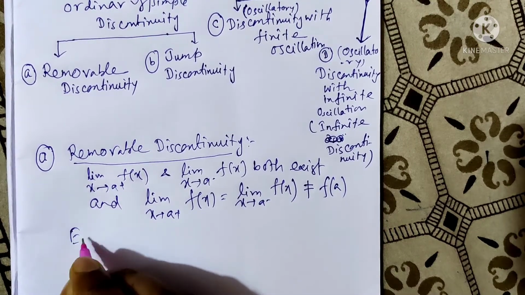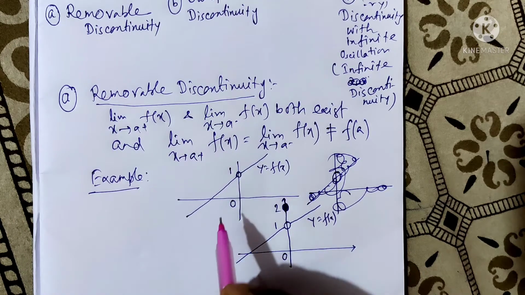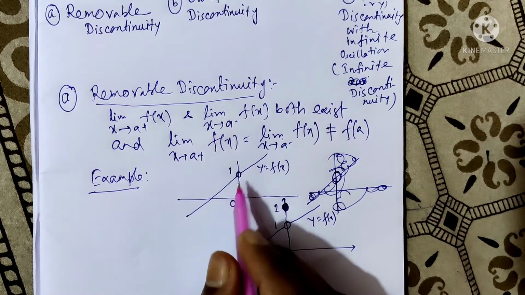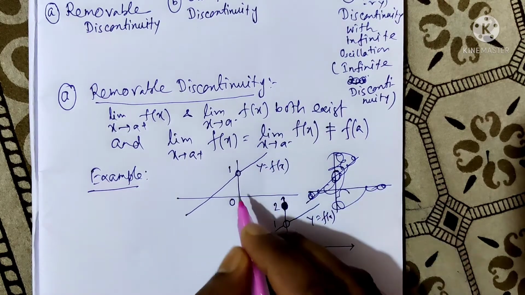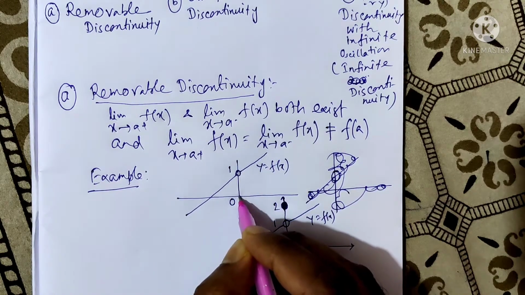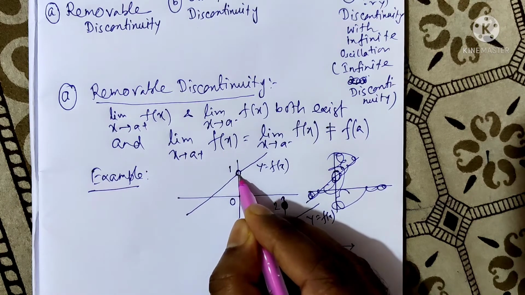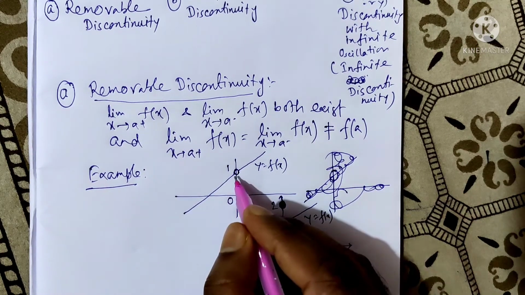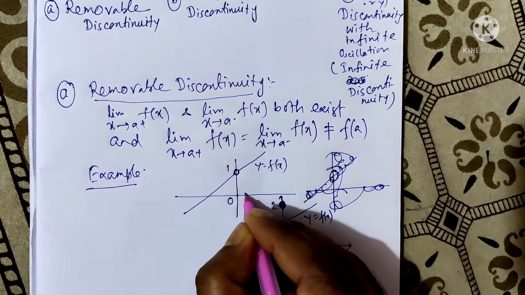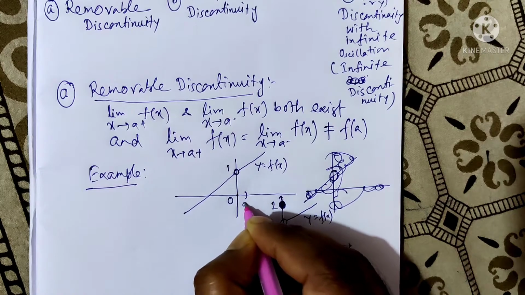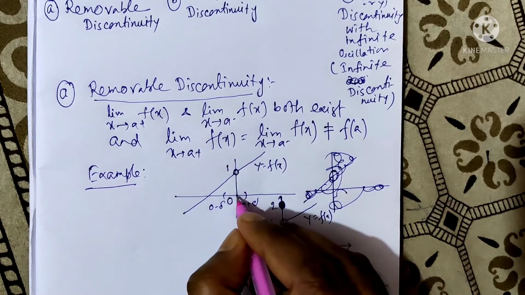Example: let the pictures be this and this. In the first picture, this is the function y equals f(x), and at the point x equals 0, the function cannot take the value 1. But this is 0 plus delta and this is 0 minus delta.